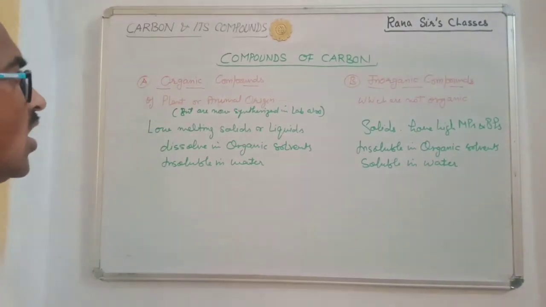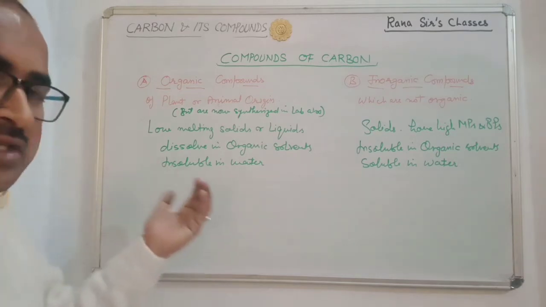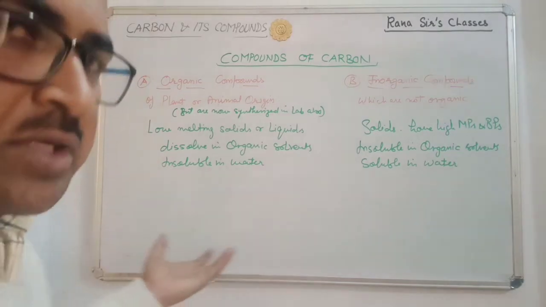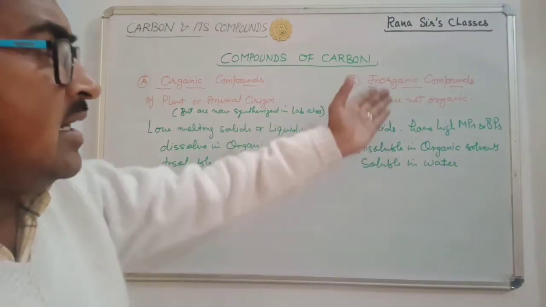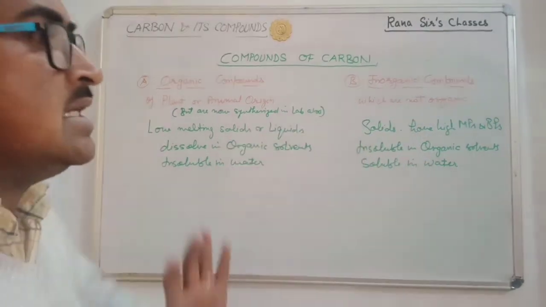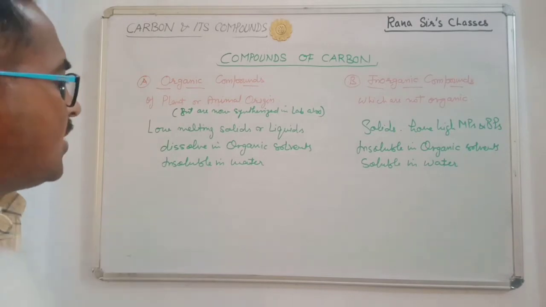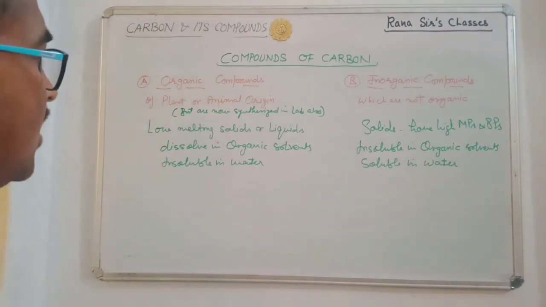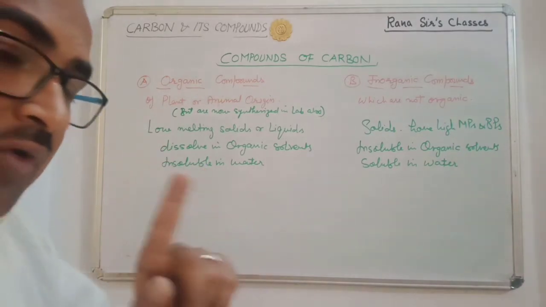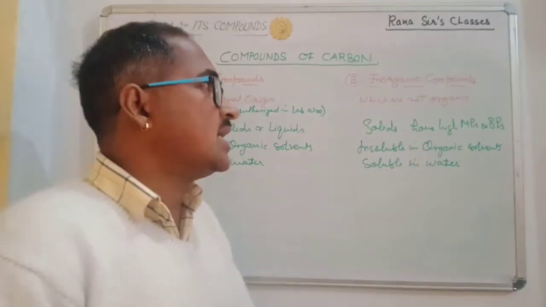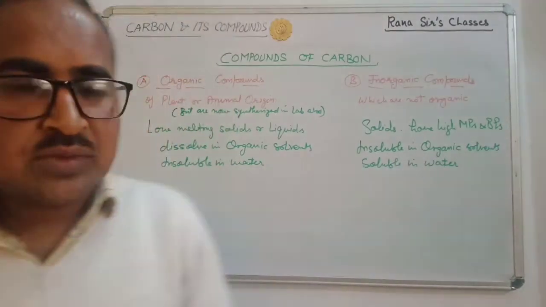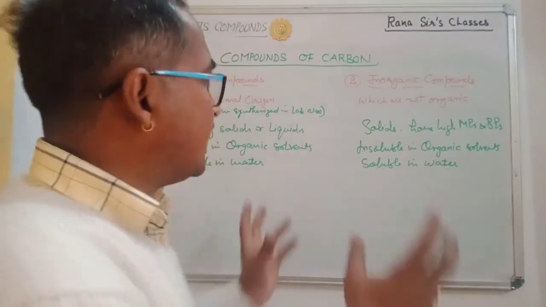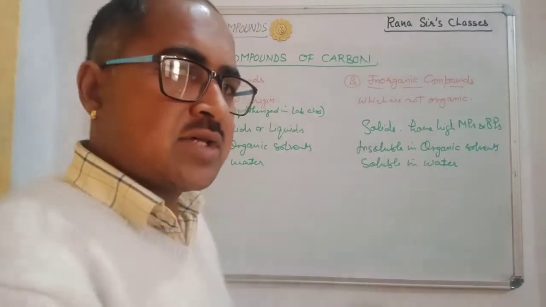And organic compounds are dissolved in organic solvents like petrol, but inorganic compounds are not soluble. And if we talk about the solubility in water, then organic compounds are insoluble in water, but inorganic compounds are soluble in water. So now, student, this was just a simple classification of the compounds of carbon.